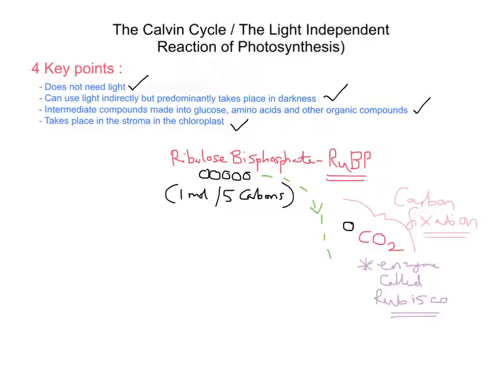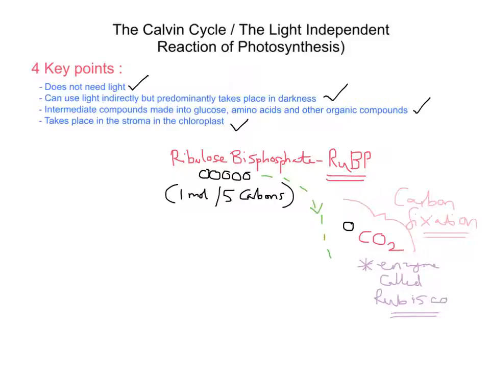Its real name is ribulose bisphosphate carboxylase, but we often shorten it to Rubisco. Now we have large quantities of that to maximize this process, because this step really is quite slow. So we're going to have a large quantity. This is a slow process here of carbon fixation. Often it's a rate limiting step, in fact.